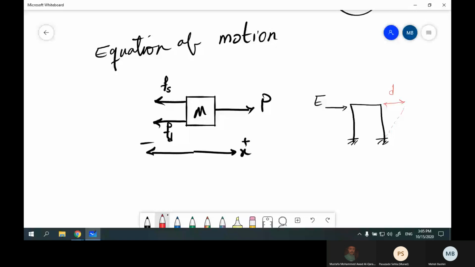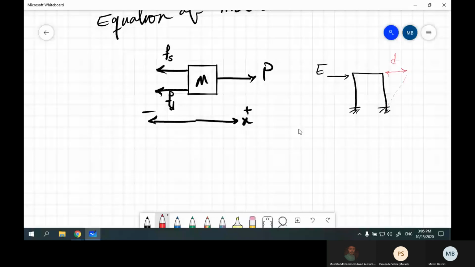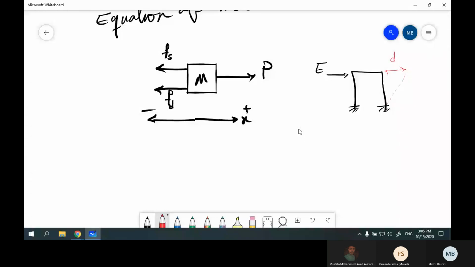So, as I said, here we have another force, inertia, because of the movement or the motion of the mass.